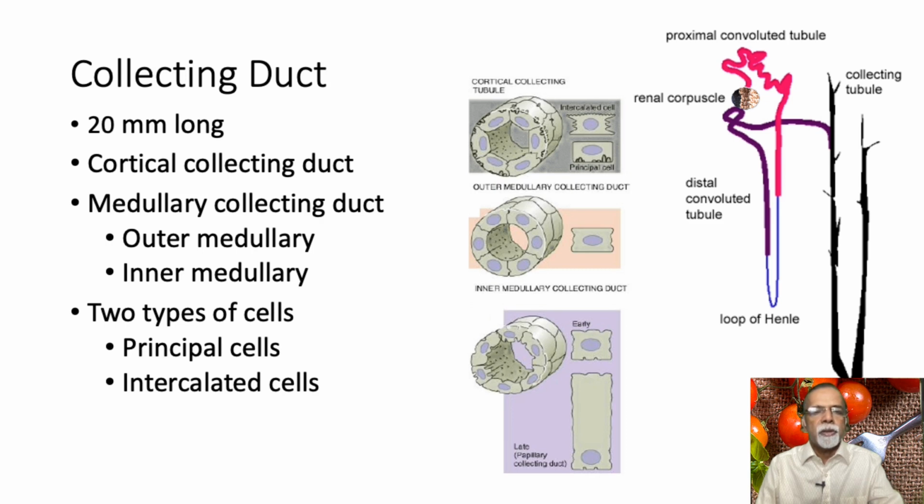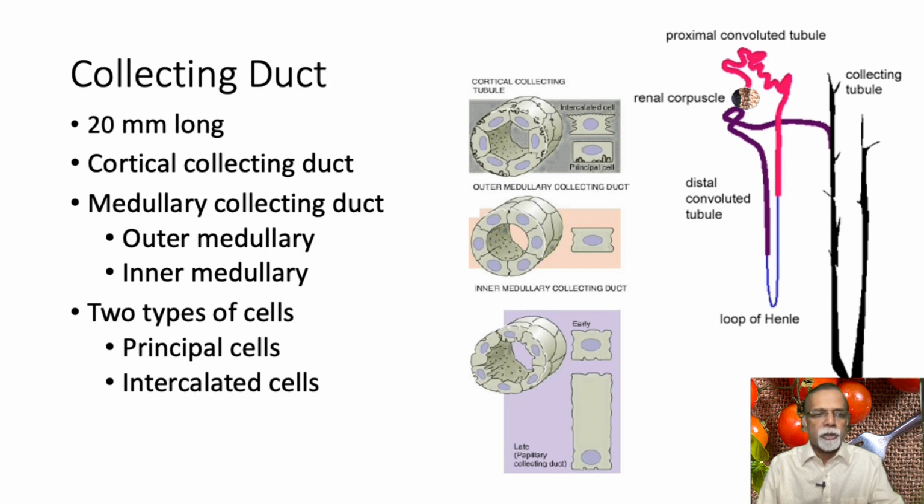It has a part in the cortex, that is the cortical collecting duct, and a part in the medulla, that is the medullary collecting duct. So this part is in the medulla, and the beginning part of the collecting duct is in the cortex. So there is a cortical part and a medullary part.